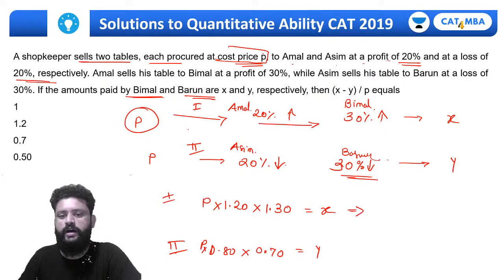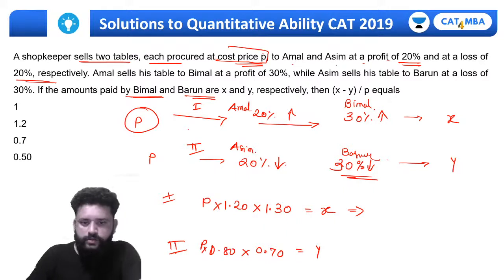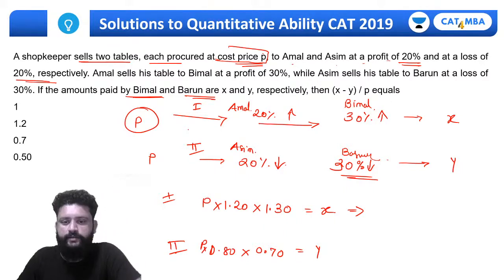If you solve this, 12 into 13, I hope you can easily do it. 12 into 13 is 156, and this will be 7 8s of 56, 0.56.